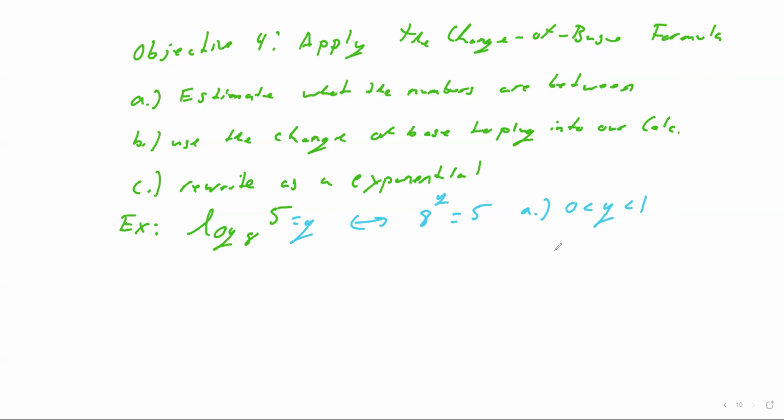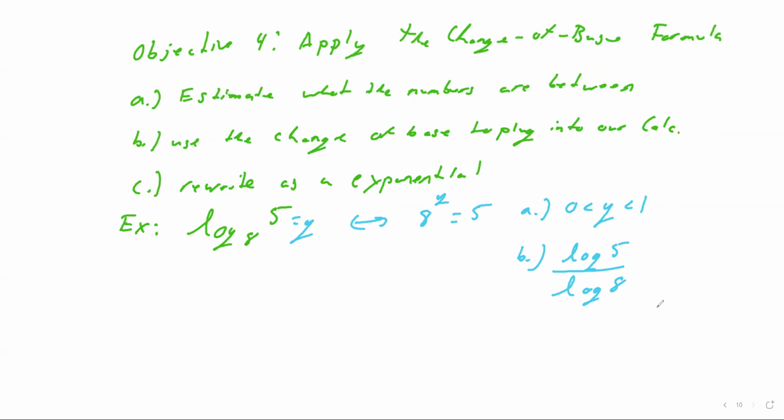After that, in part B, to use the change of base formula, I'm going to type in my calculator log of 5 over log of 8. Now, this comes in handy for y'all more than it did in pre-cal because I cannot type log base 8 of 5 into those calculators. I have to use the change of base formula to be able to say log 5 over log 8 because our calculators only have log base 10.